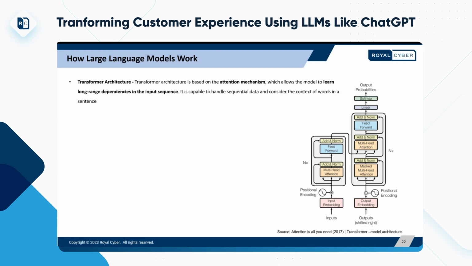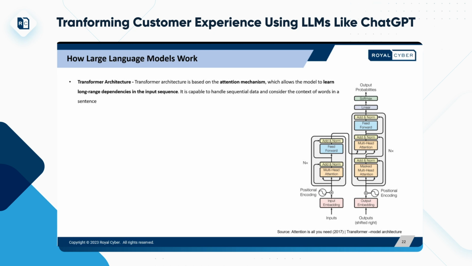But feel free to reach out to us if you want to have a more in-depth discussion about this topic. At a quick glance, the base architecture that powers the large language models is known as the transformer architecture. It was published by Google in a research paper called Attention is All You Need in 2017.